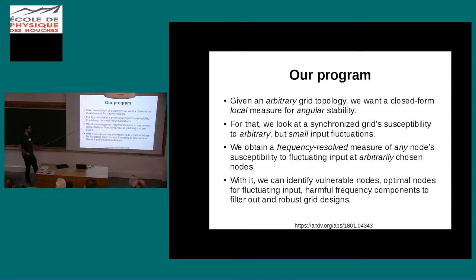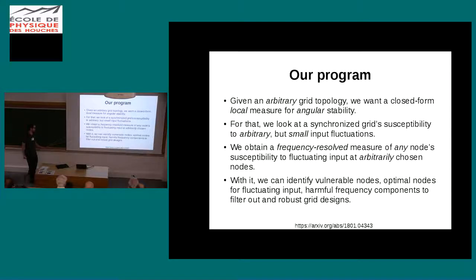What we obtain is a frequency-resolved measure of any node susceptibility to fluctuating input at an arbitrarily chosen node, okay? And it's closed form. It may be complicated the bigger the network is, but it's a very long string of a function of omega, the frequency component of the input perturbation.